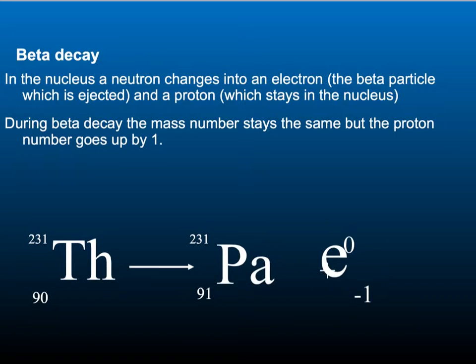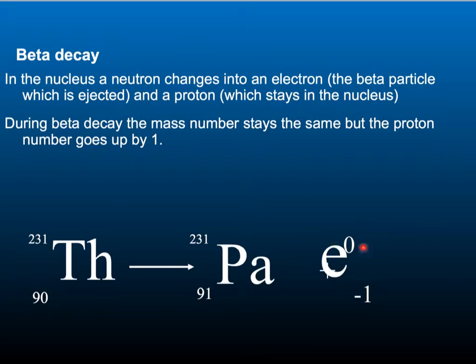So with our decay equation for beta decay, you can see that the mass number has stayed the same, and because one of the neutrons here has turned into a proton, it means that the proton number has gone up by 1. And because we have to balance both sides of the equation, this is where the -1 comes from on our beta particle.